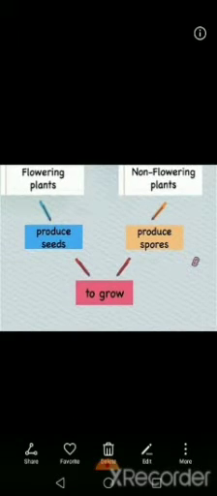Okay, now I will tell you how flowering plants produce seeds in the process of reproduction. As you know, flowering plants have flowers. When they come to adult stage, they make flowers.